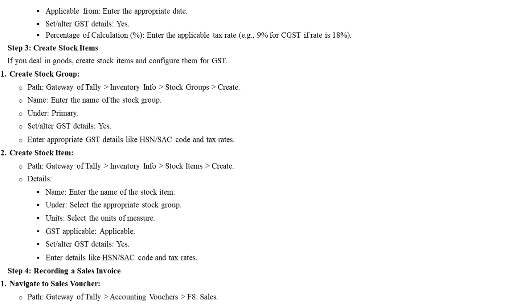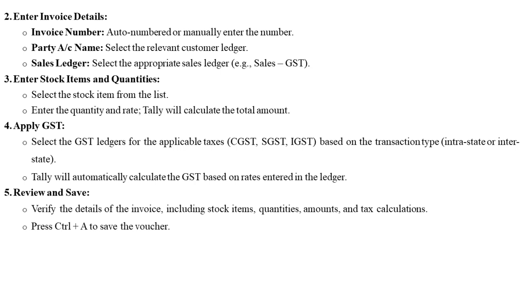Step 4. Recording a sales invoice. 1. Navigate to the sales voucher. Path: Gateway of Tally, Accounting Vouchers, F8, Sales. 2. Enter invoice details. Invoice number: auto-numbered or manually enter the number. Party account name: select the relevant customer ledger. Sales ledger: select the appropriate sales ledger, e.g., Sales GST. 3.